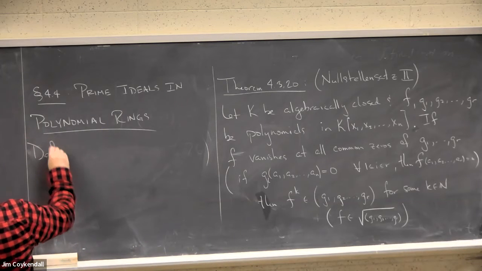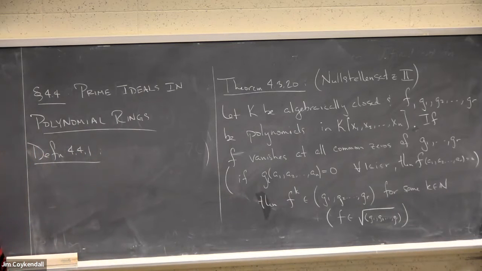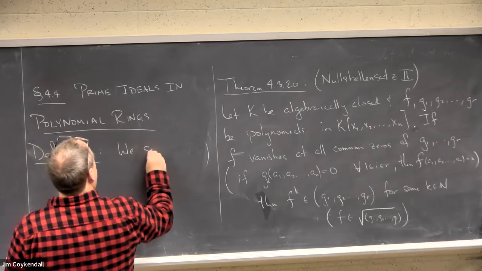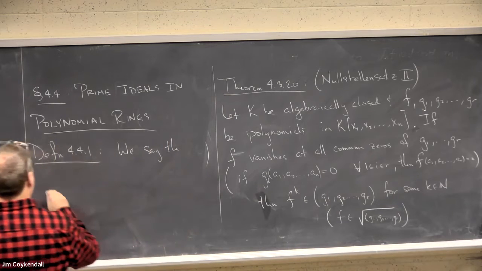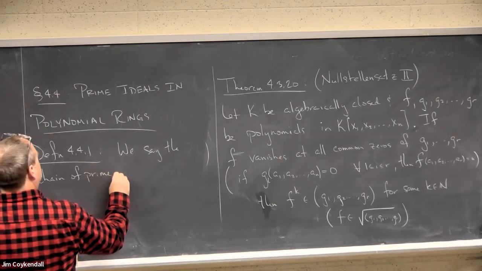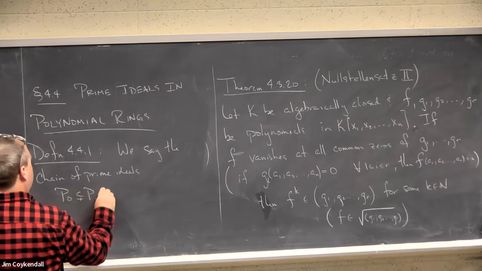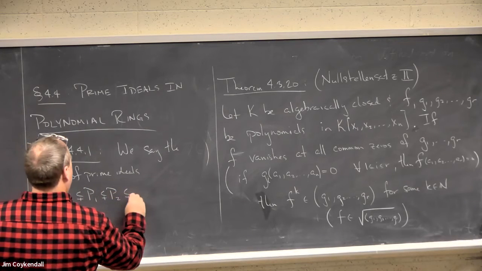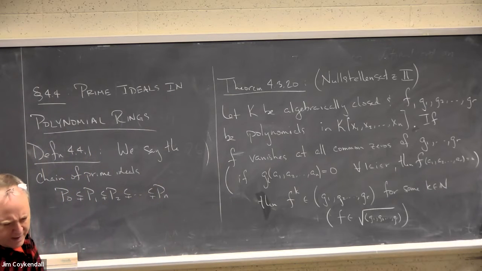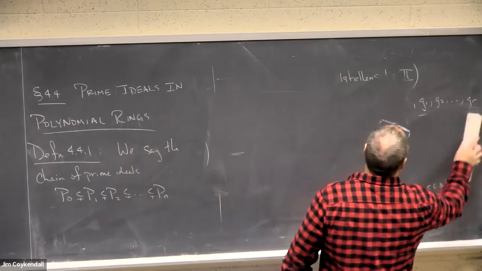So I'm going to start off with this. When we count a dimension, we always start at 0. We say the chain of prime ideals P0 contained in P1 contained in ... contained in Pn, and I do want those containments.